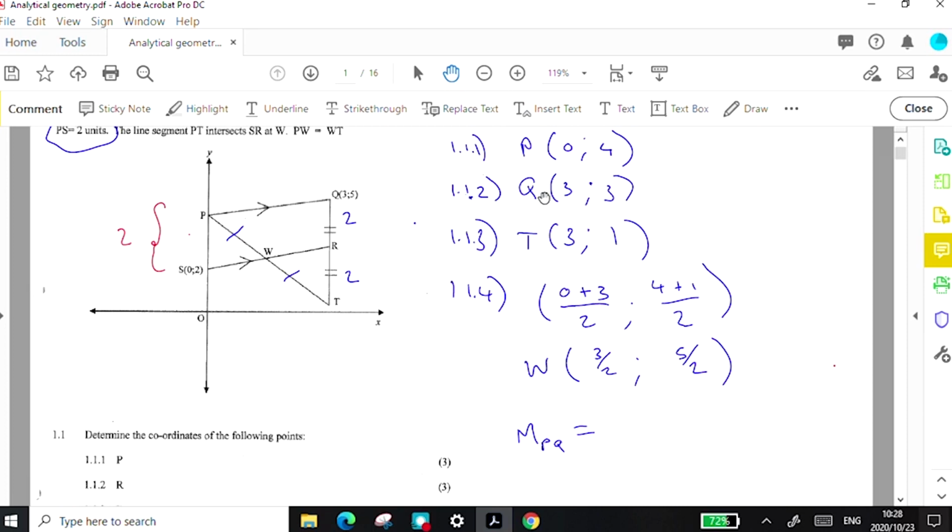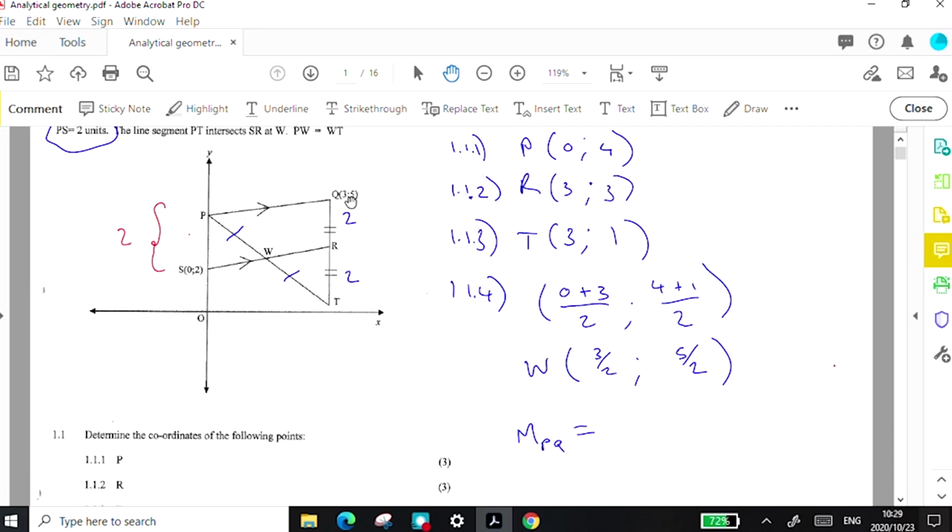We have p, we have q. We want to find the change in y over change in x.